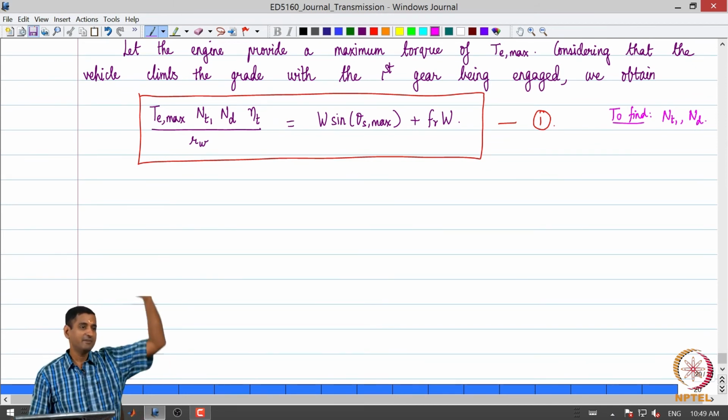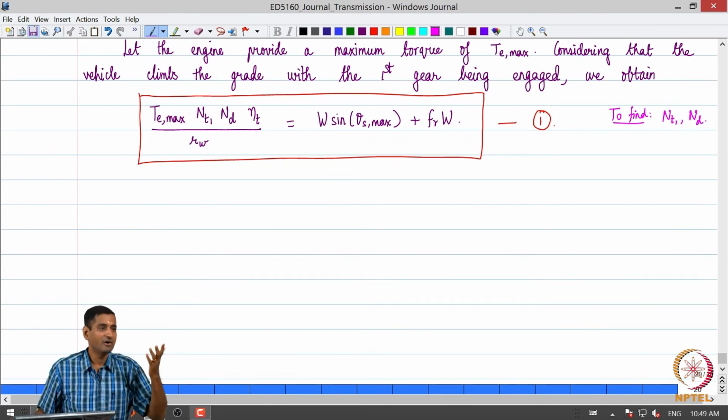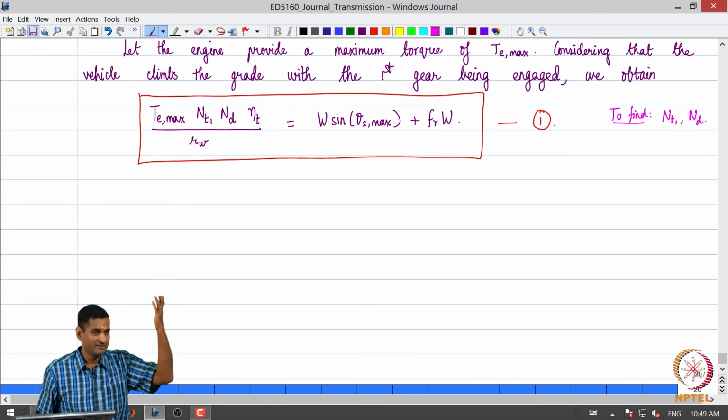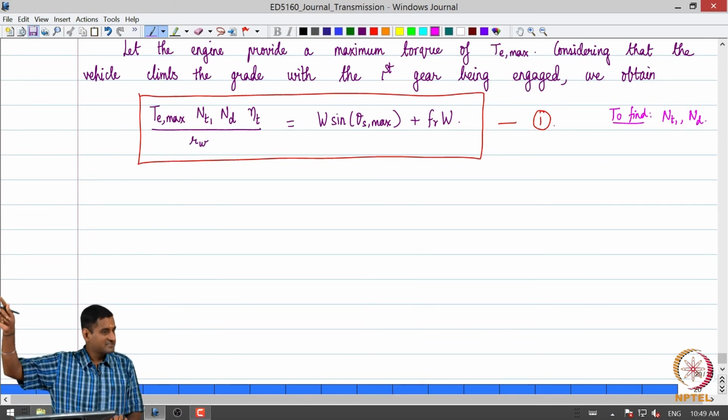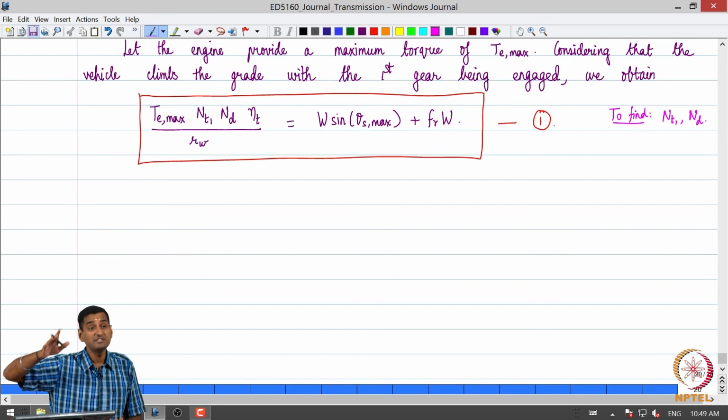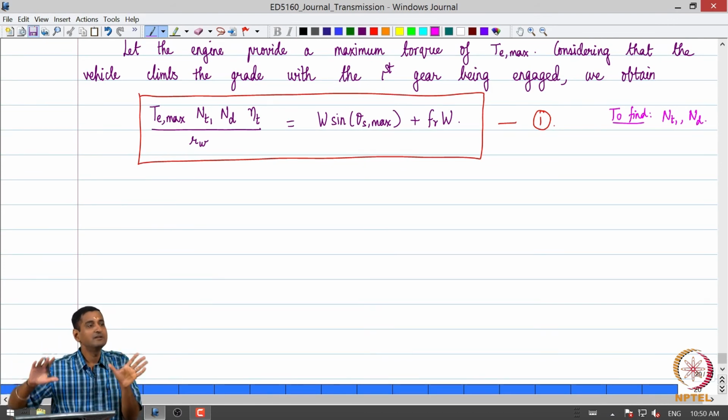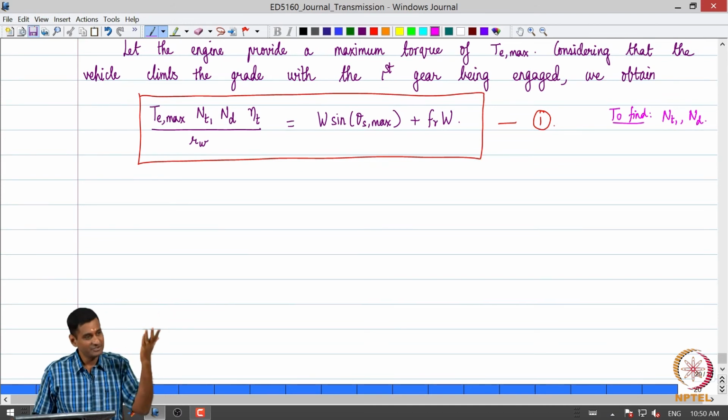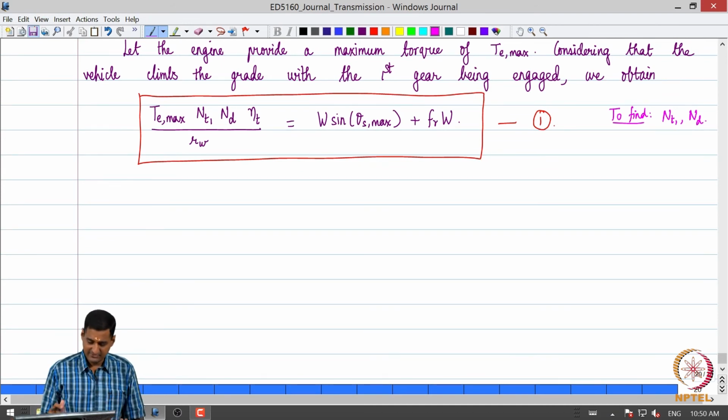When I reach the maximum speed, I would obviously engage the nth gear, the highest gear. So that is the other extreme. So the maximum speed choice will give me an equation that would essentially involve the nth gear ratio. That is an exercise which we are going to do now.